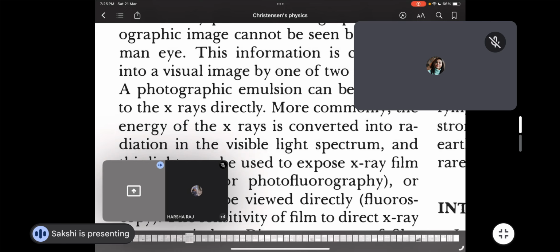If we are going towards conventional mode, there will be photographic emulsion, and that emulsion will get exposed via the photons. You are understanding, Sony? Yes, ma'am. Abhishek? Yes, ma'am. Okay. So that photographic emulsion is a layer which is spread on that film, or you can say that base. We will understand the makeup of that film, but right now just imagine that there is a base on which there is a layer of emulsion placed in place of the detector.